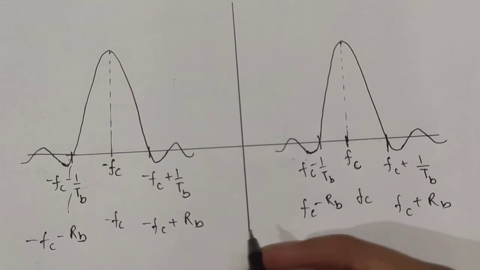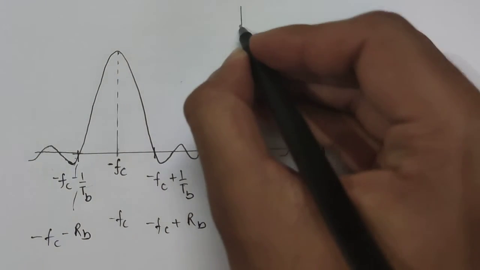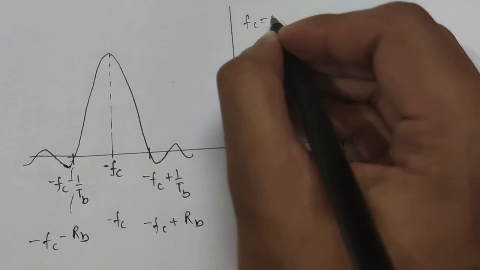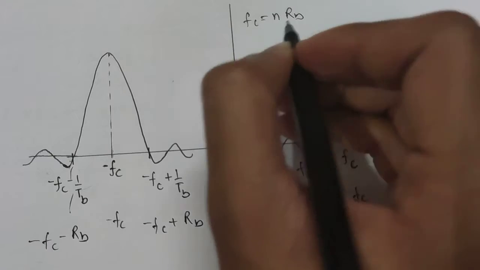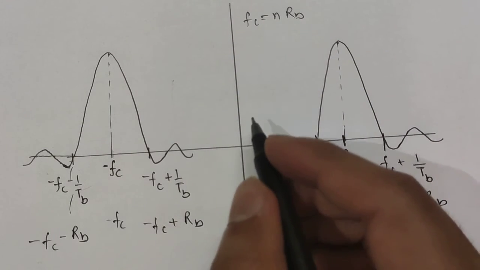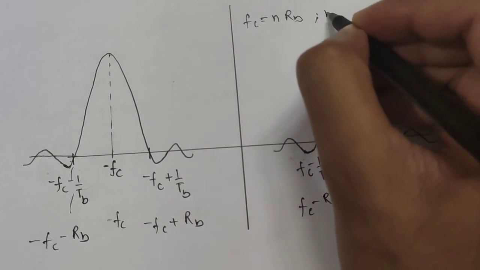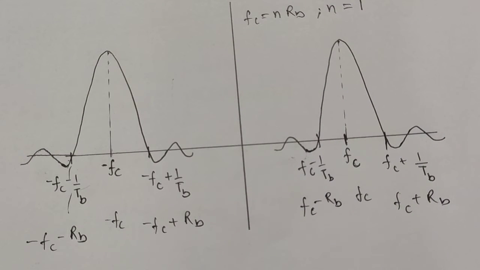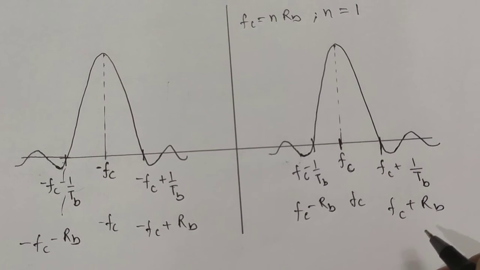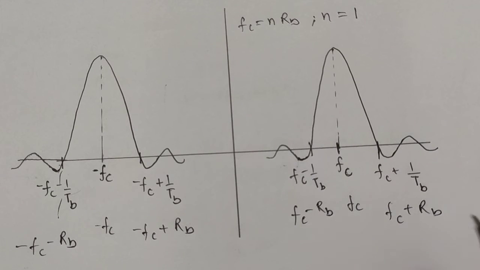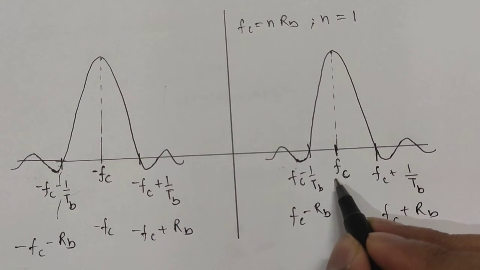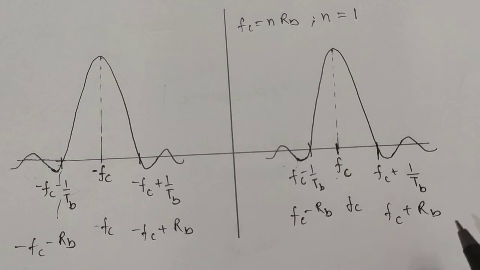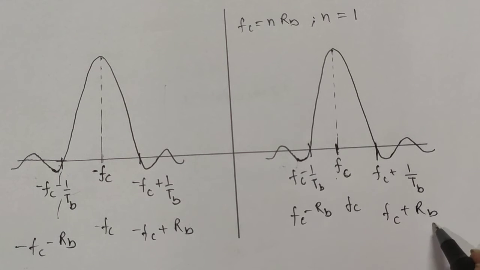Now if I am saying that fc is n times Rb, and if I take the value n equal to 1, then what will happen? If n is equal to 1, then this is fc and this is fc plus Rb.